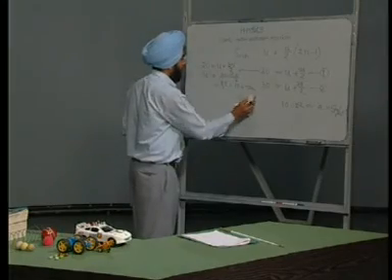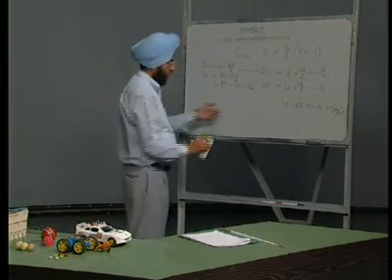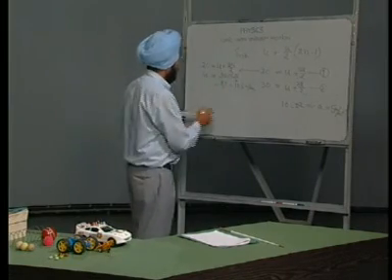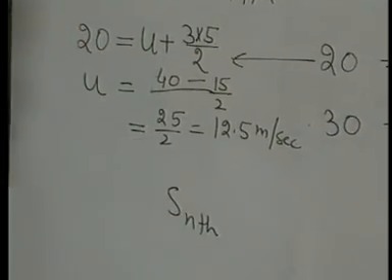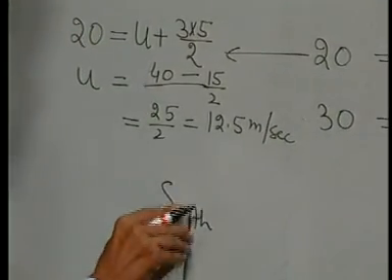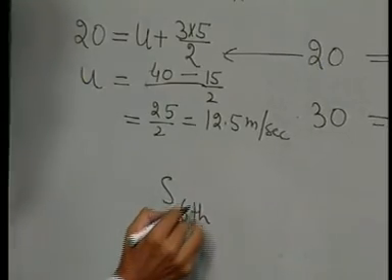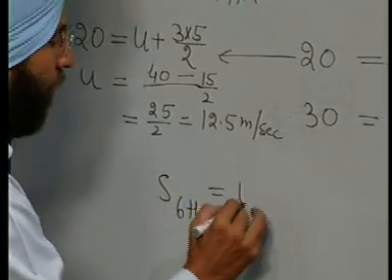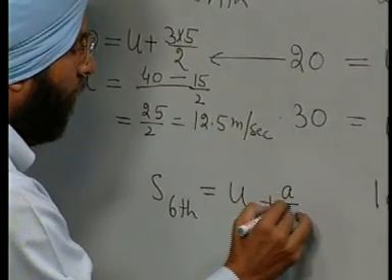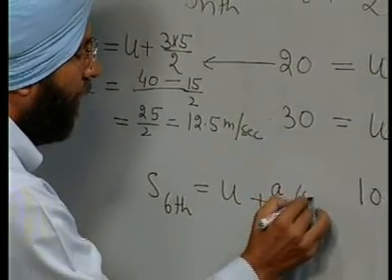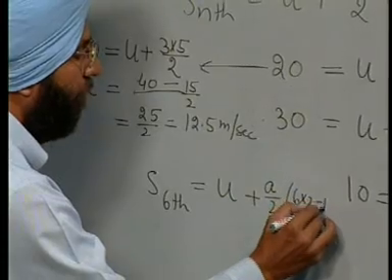Now, we have the values of a and u. We substitute these values in the S6th. S6 is u plus a by 2 into (2 times 6 minus 1).